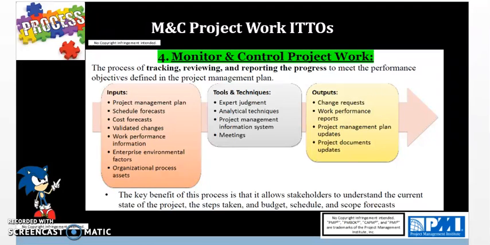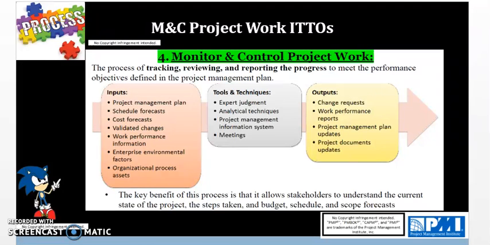Next input is work performance information. So this is taking in the work performance data, the raw data, collected from various controlling processes, analyzed in context, and integrated based on relationships across areas. Now, what do I mean by that?